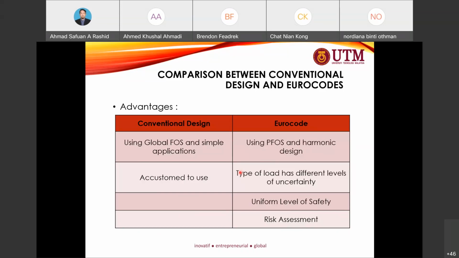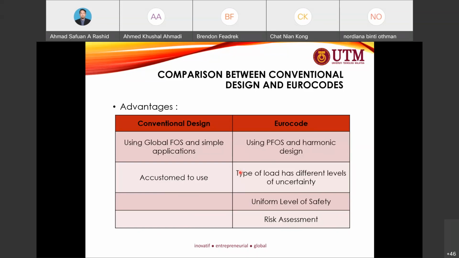So the advantage of the Eurocode is that it uses the partial factor of safety and harmonic design, as I told you before. For example, at the end of the calculation, all the designers will have the same factor of safety, compared to the conventional way, where we already stick with one factor of safety in the design at the early stage.